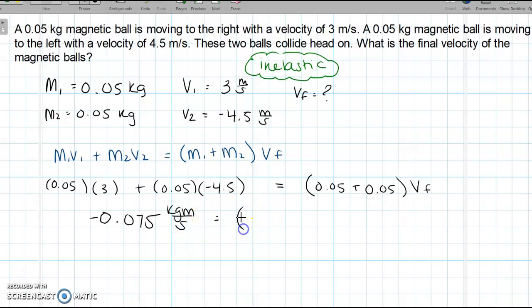And this is going to be equal to 0.05 plus 0.05, so 0.1 kilograms times VF. So our velocity final for this is going to be negative 0.75 divided by 0.1. So our final velocity for our objects here is negative 7.5 meters per second.